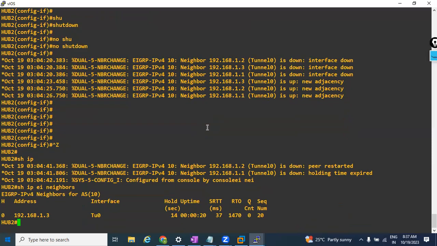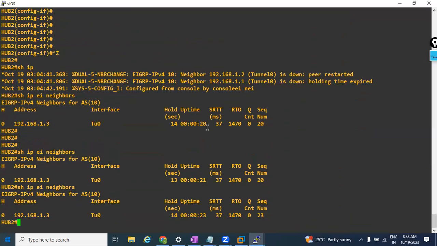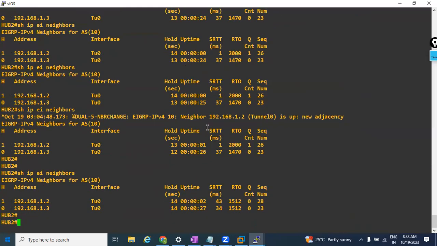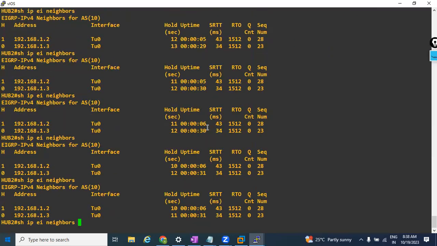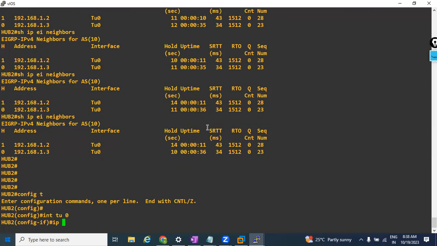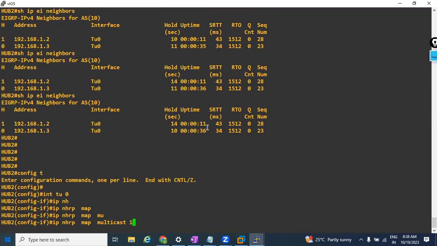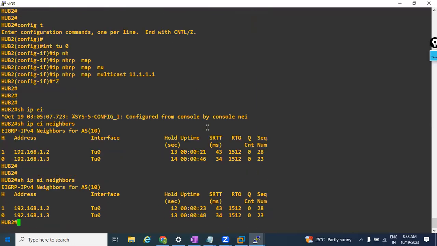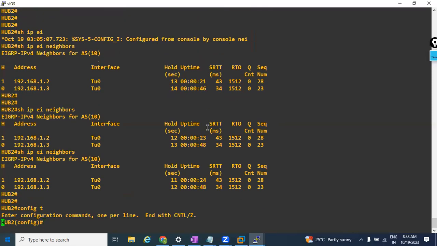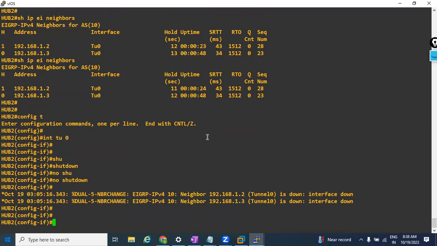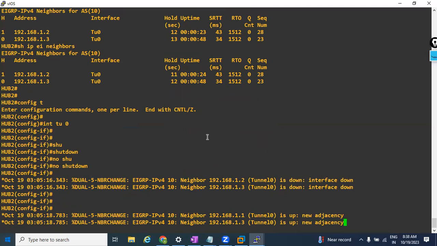Show IP EIGRP neighbor. For that, I have defined a manual one. Okay, for this let's see.